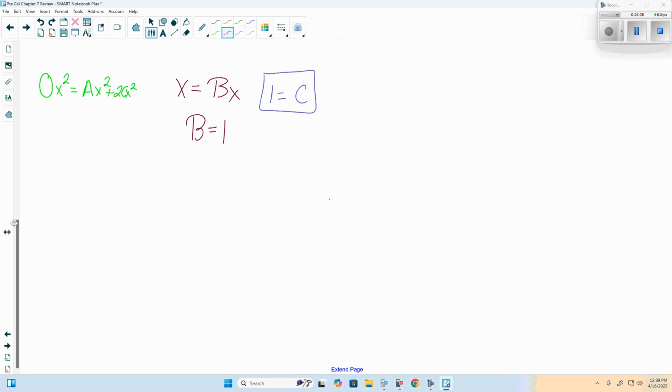So we can look at the one right next to it, 0x squared is equal to ax squared plus 2cx squared, yes? These are like terms and we can add them together. Whatever a plus 2c is should give us 0, because they both have x squared, so we can combine those.